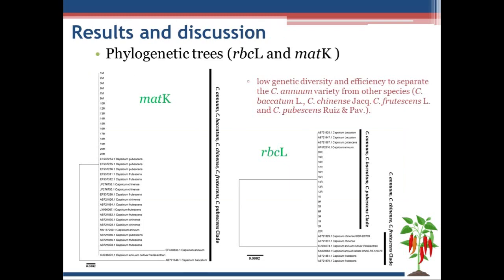The phylogenetic trees of matK and rbcL show low genetic diversity and low efficiency for separating Capsicum annuum varieties from other species, showing a mixed clade of other Capsicum species with Capsicum annuum.